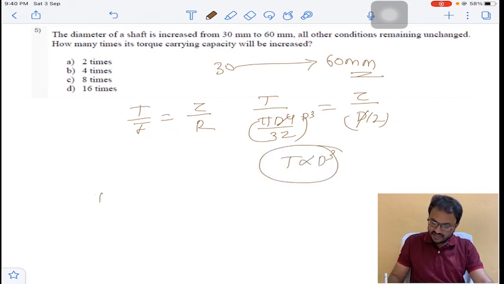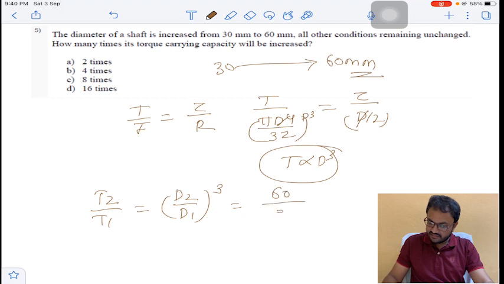So that is T2 by T1 is equal to D2 by D1 whole cube. So D2 is 60, D1 is 30, whole cube. That is 8. T2 will become 8 times T1.